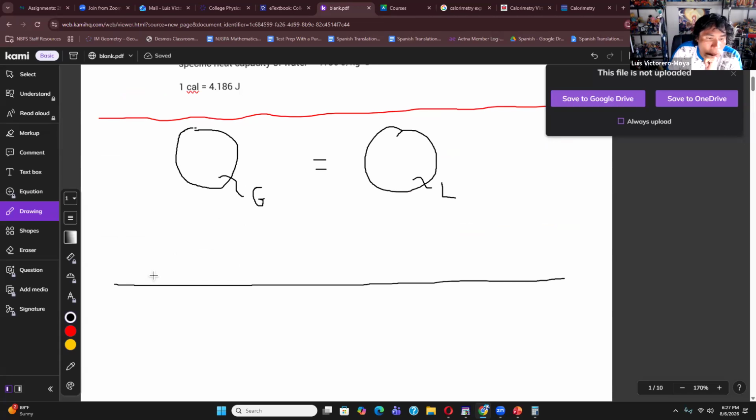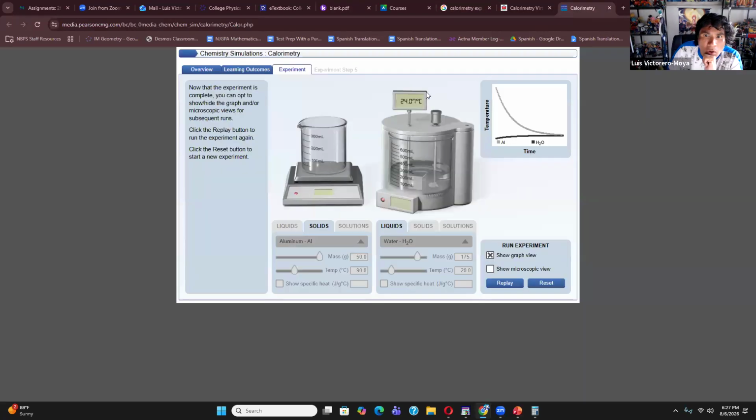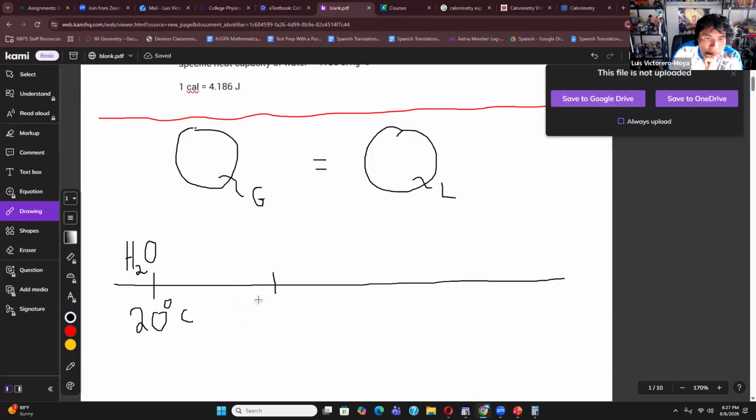It is the water, because the water was at 20 degrees Celsius. So this is at 20 degrees Celsius. This is H2O. And it increased, so I want to exaggerate it, to 24.07 degrees Celsius.